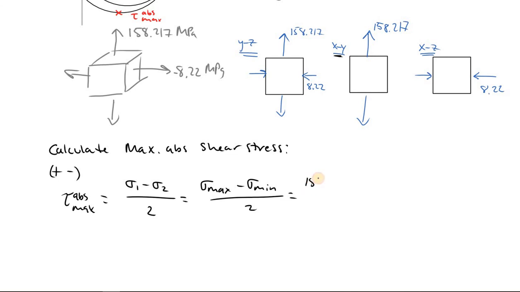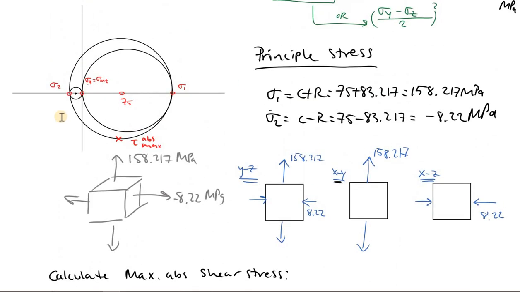So in this case, 158.217 minus negative 8.22, divided by 2. Is there a quicker way I could have figured this out? Yes, there is. I actually know that my absolute maximum shear stress is the same as the radius of that larger circle. I actually calculated that already, just the radius.